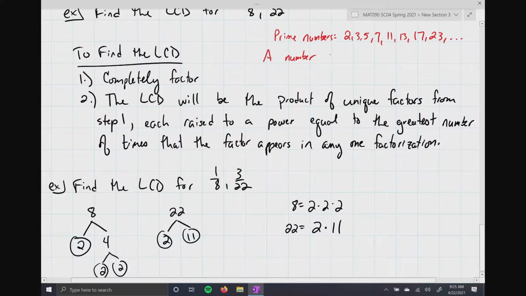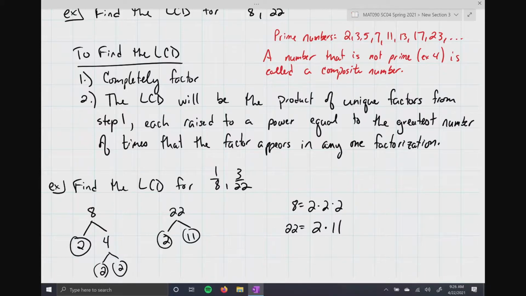A number that is not prime, example 4, is called a composite number. Okay, all right? So what I'm doing is I'm taking all of my composite numbers and I'm breaking them down into the multiplication or factors of prime numbers.